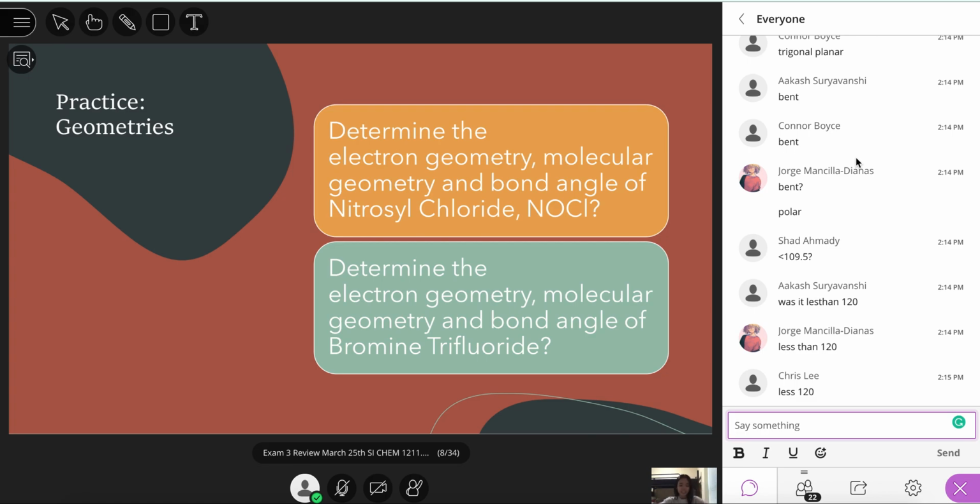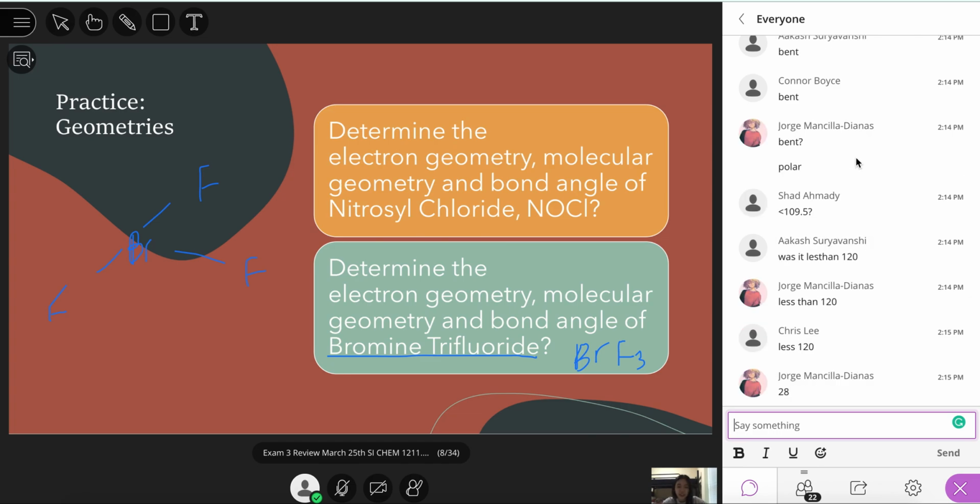This one should be a little bit easier, I think. So you have bromine trifluoride. What is the valence electron of all that? What's that gonna be? Right, because we have Br, F. So what's the valence electron on F? Okay, 20.